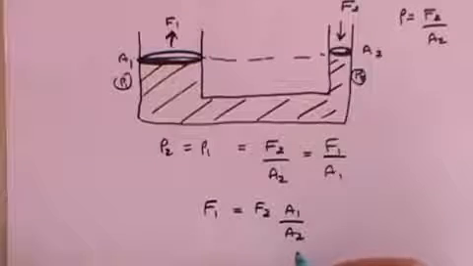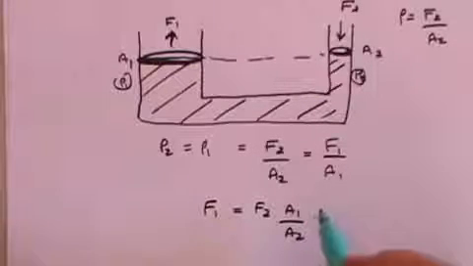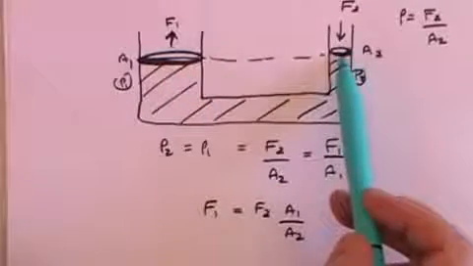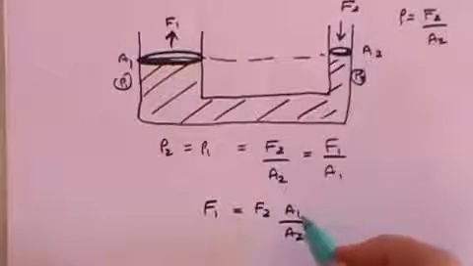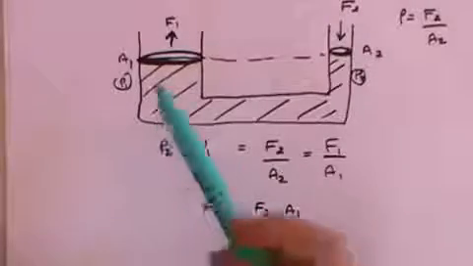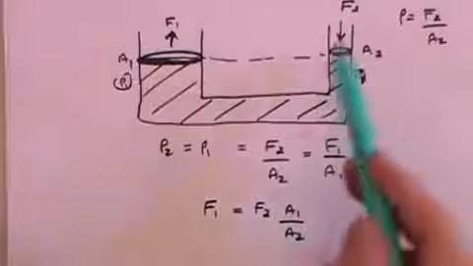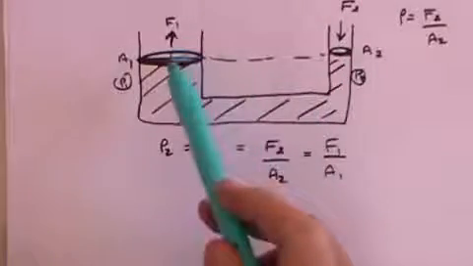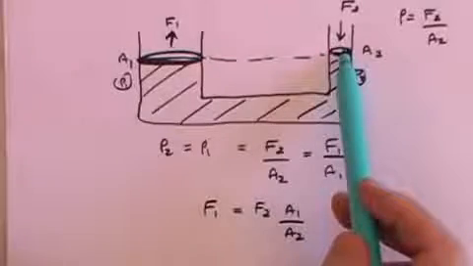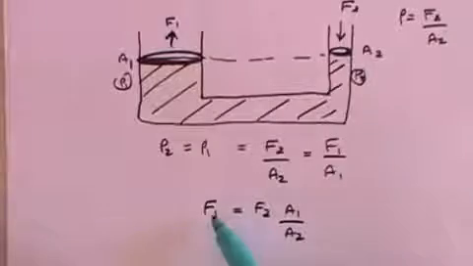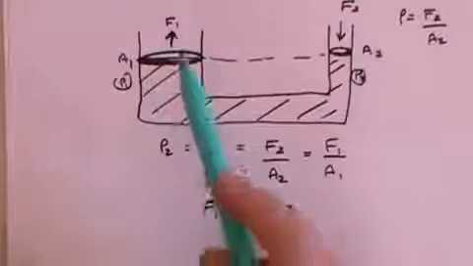And what you can see from that is that since A1 is much larger than A2, the force that you will get pushing up is much greater than F2, because F2 is multiplied by A1 over A2. A1 over A2 is a number much bigger than 1, because A1 is much bigger than A2, so you get a much bigger force pushing up.